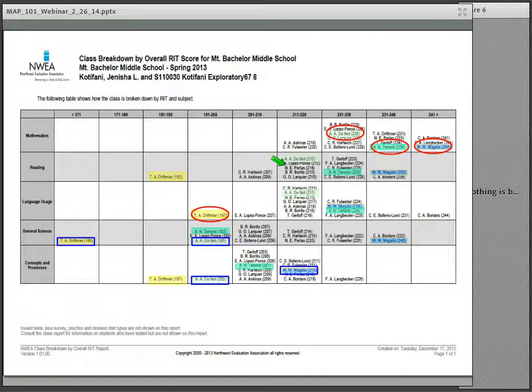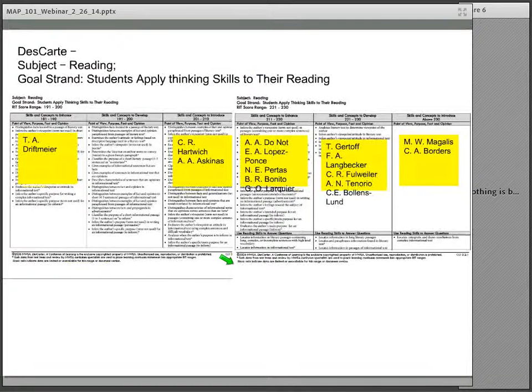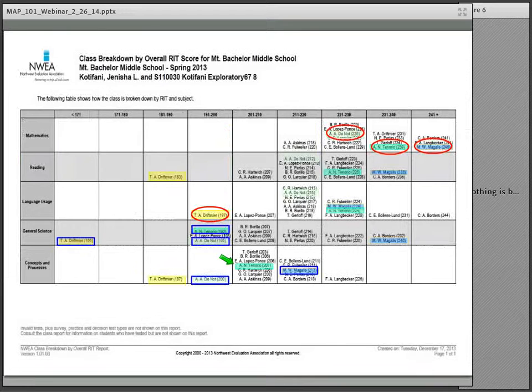But strong in reading and in language usage. But look what happens here. And look what happens here. Again, the lowest score is in science. Yeah, the lowest score is in science.